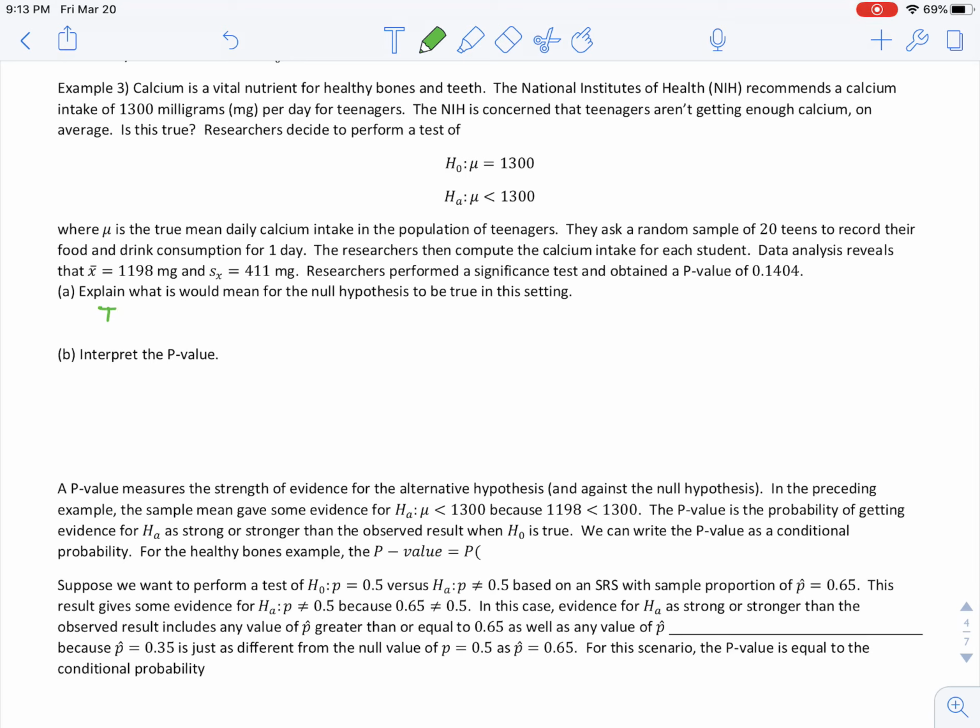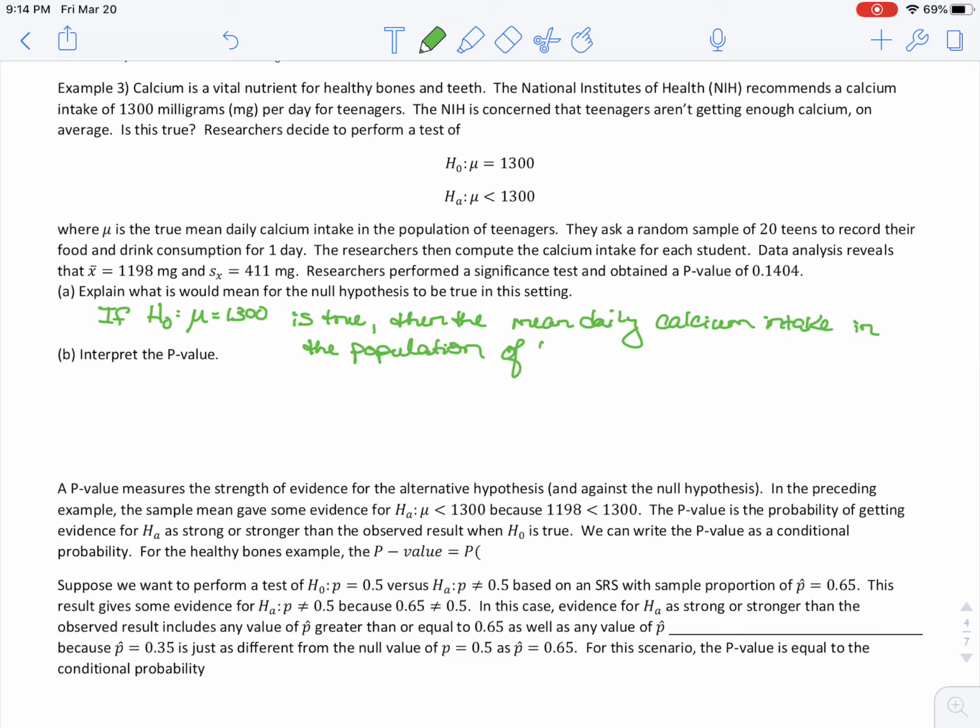So what this means, if the null hypothesis of mu equals 1,300 is true, because we assume it's true unless we prove otherwise, this means that the mean daily calcium intake in the population of teenagers specifically is 1,300 milligrams.